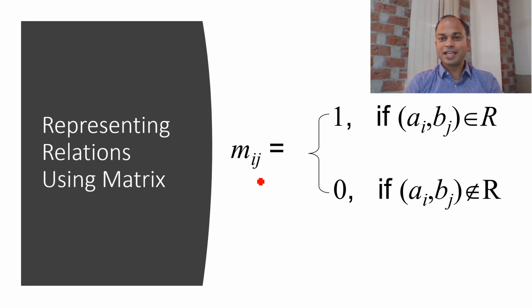I mean at the ith row and jth column of the matrix, we are marking 1. If these Ai and Bj are not related, then we are marking 0 at the Mij location. In this way, we can represent the relation using a matrix.